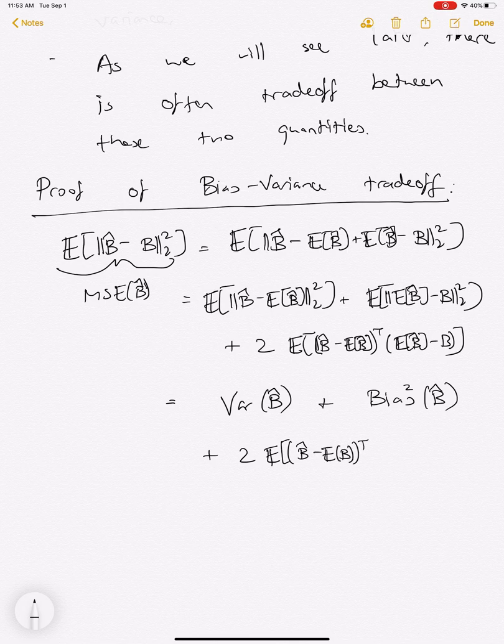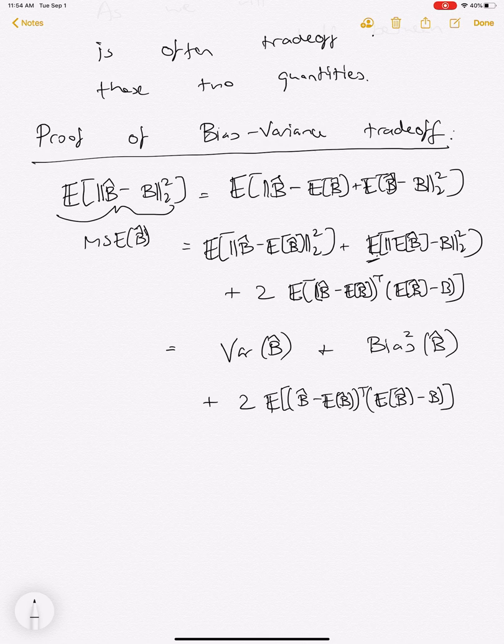So this is a vector, b hat minus E of b hat, transpose, b hat transpose, and then, okay. Just to be clear, the reason this is the bias is because E of b hat is a constant and b is a constant, so the expectation here you can just drop, because the expectation of a constant is just that constant.